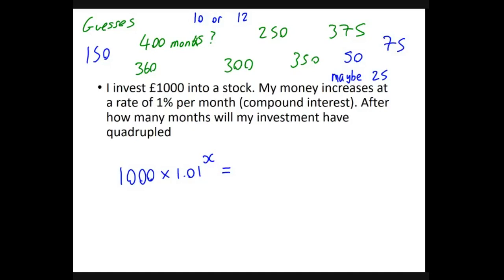And what do you want that to equal? More than or the same as 4,000. Okay, you want to set up an inequality. That's one way you could do it. We want it to equal 4,000. That's good, Larry.